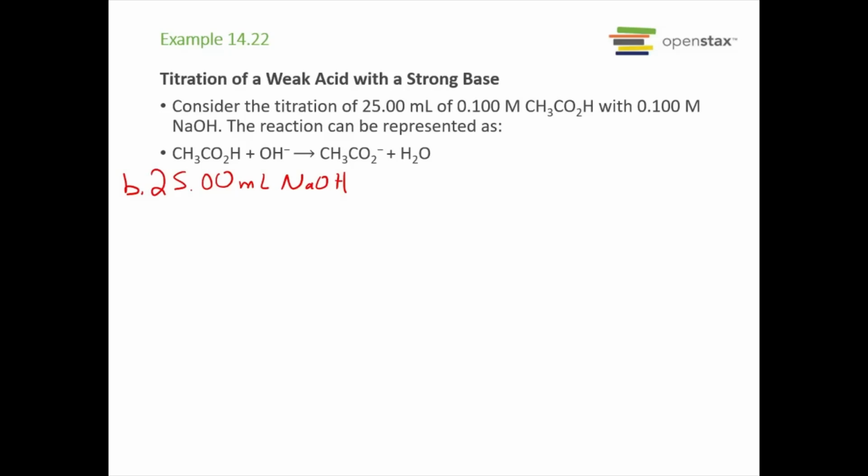Because now we have 1-to-1 acid to base. So that means we've reacted all the acid away with the base. However, there is still weak conjugate base present in this reaction mixture. So the pH then has to be computed using the base ionization of acetate.